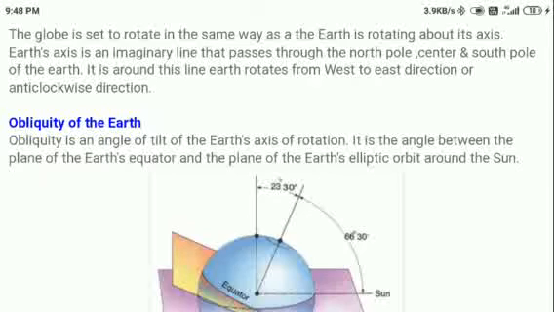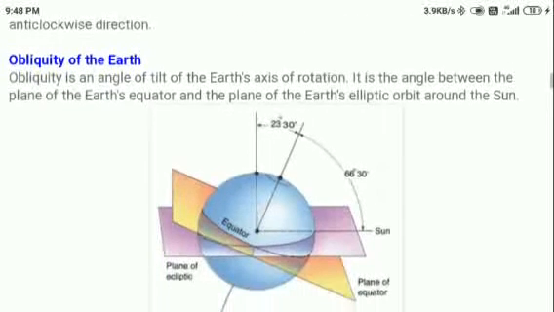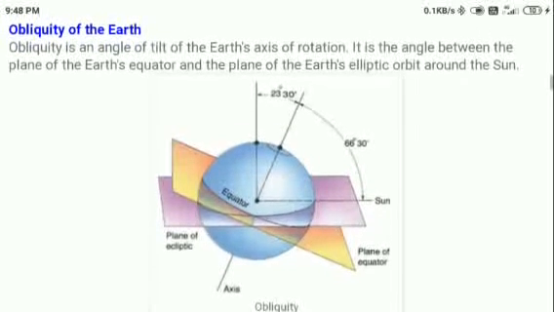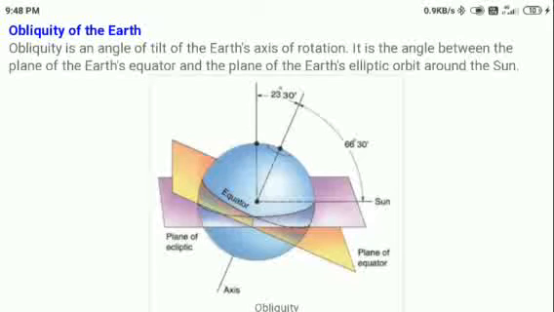So let us talk about the angle at which the earth is inclined. As you can see here, the axis of the earth is the imaginary line passing from the north pole to the south pole. About its axis the earth rotates, and because of this rotation we experience day and night.